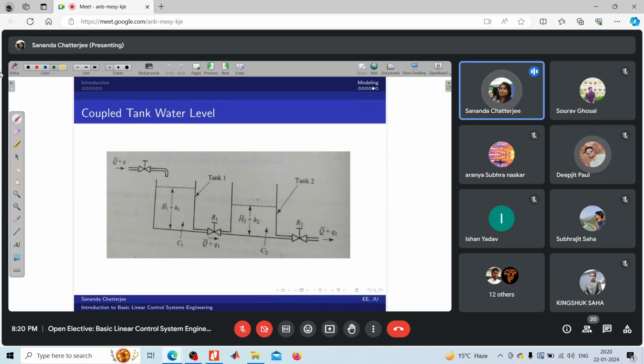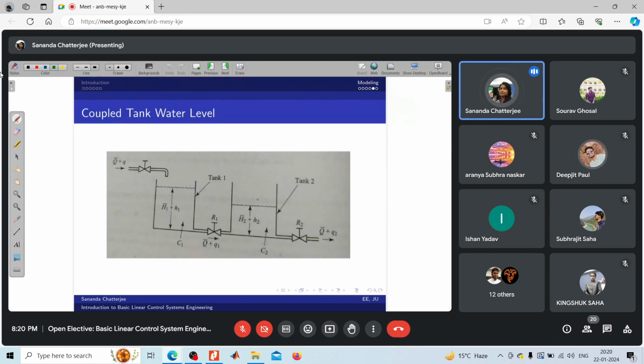So that flow cannot be taken as constant, but we have to maintain the height H2 of this tank at some constant value. That is why this problem is significant.